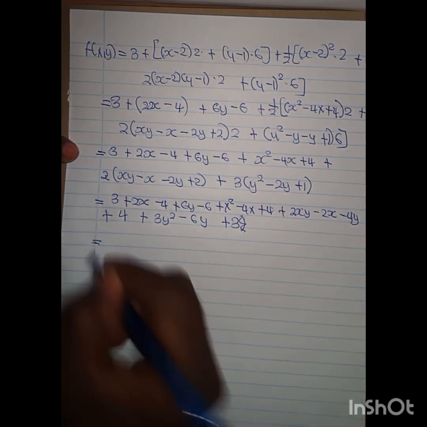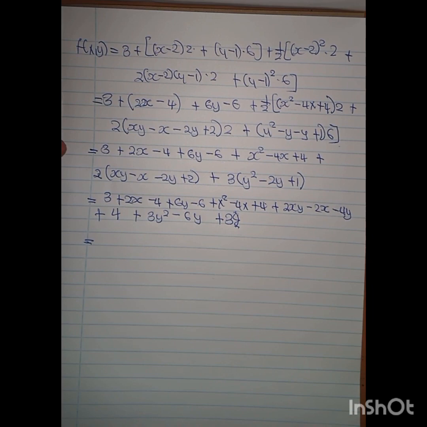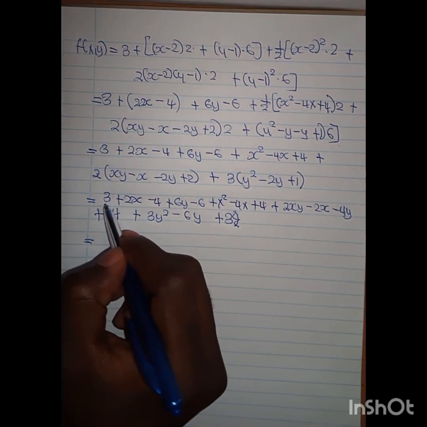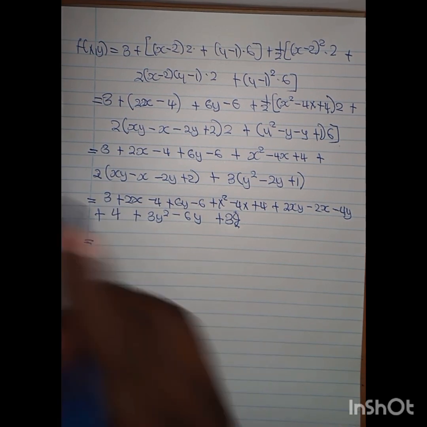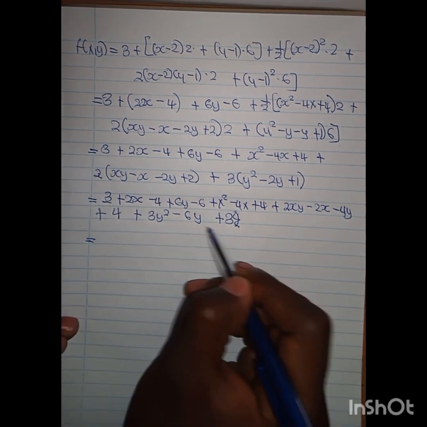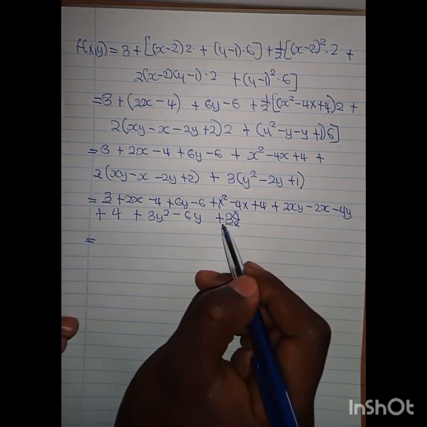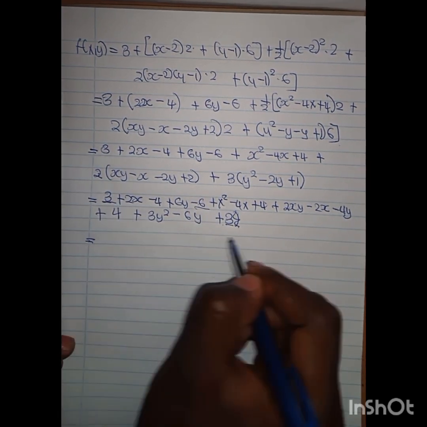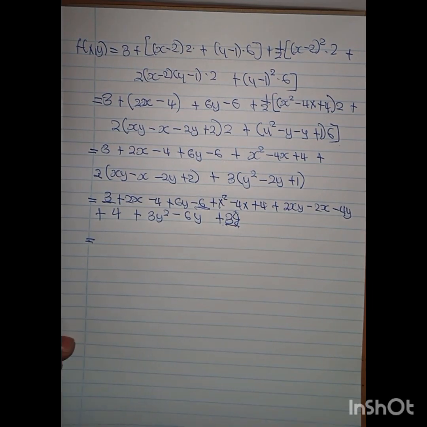Yeah, so now we can add the like terms where possible. So let us check. We have 3 plus 3 plus 3 is a 6, so 6 minus 6 is a 0, and then the 3 are gone for now.